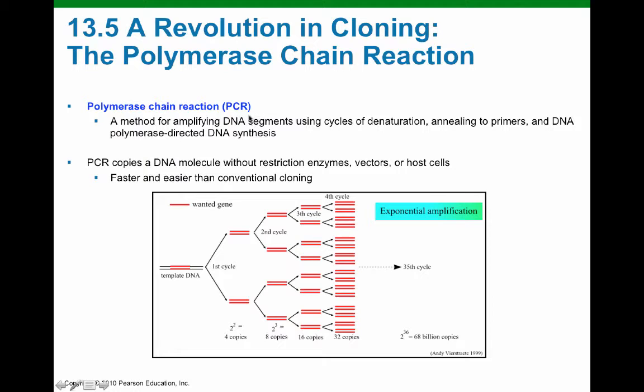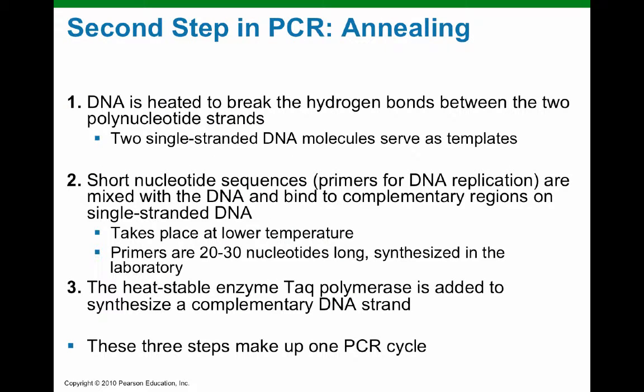So basically all of this is just a fancy description for amplifying a specific gene sequence up to about 68 billion copies. And once we have this wanted gene amplified, we can then clone it into that plasmid. So I'm just going to briefly go over how PCR works.